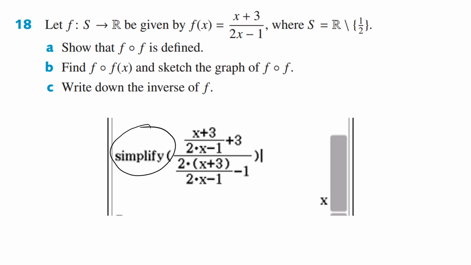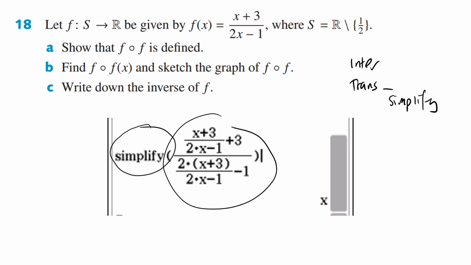You'll find that if you click on interactive and you go to transformations, and then you'll find simplify in there somewhere. And it's actually quite a powerful tool because it takes this thing, which is quite unwieldy, and it converts it into its simplest form, and there's that answer we got before, which was x. So it's quite a nice little thing the calculator does for us.